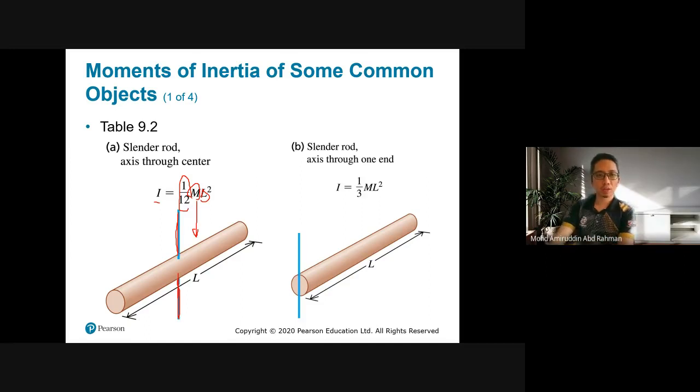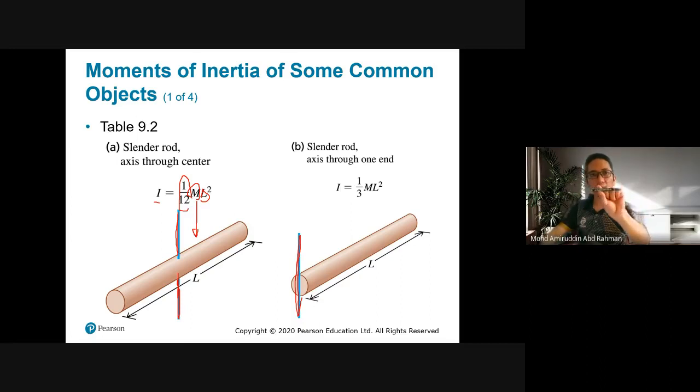Then we have another similar slender rod, but the axis of rotation is over here at the edge. I have this pen, and if I hold it at the edge, you notice it is harder to move compared to if I put my hand at the center.